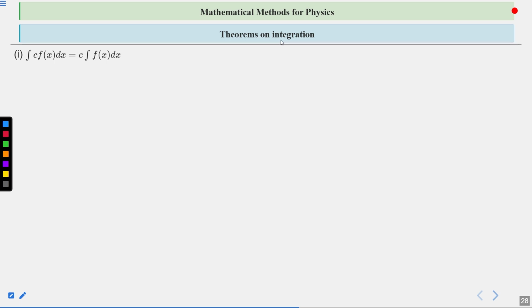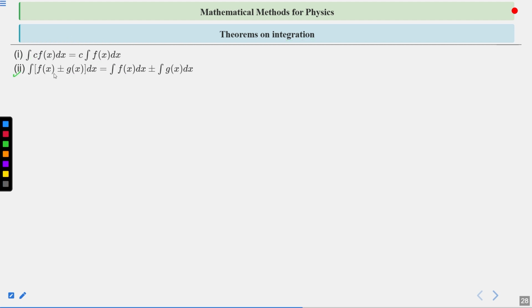Theorems on integration. First is integration c f of x dx. What is the value? Here c is a constant, so take it out of the integration. So it will be c integration f of x dx.